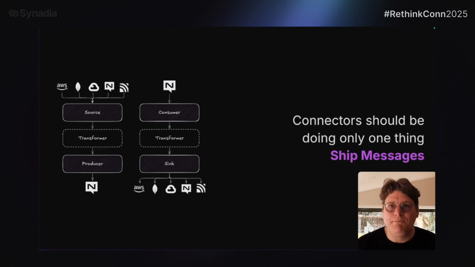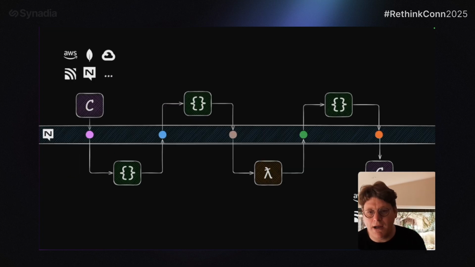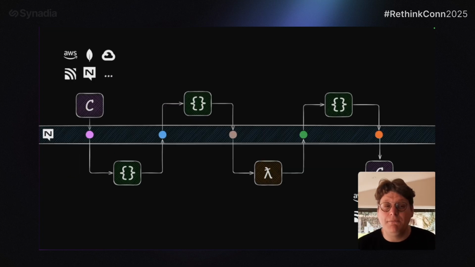NATS is a system that relies on messages. So what we want to do is give you the power to pass these messages between different components. When you look at a data pipeline, you would see something like this. At one stage, you're getting data in from whatever system you already have, and you put it on NATS.